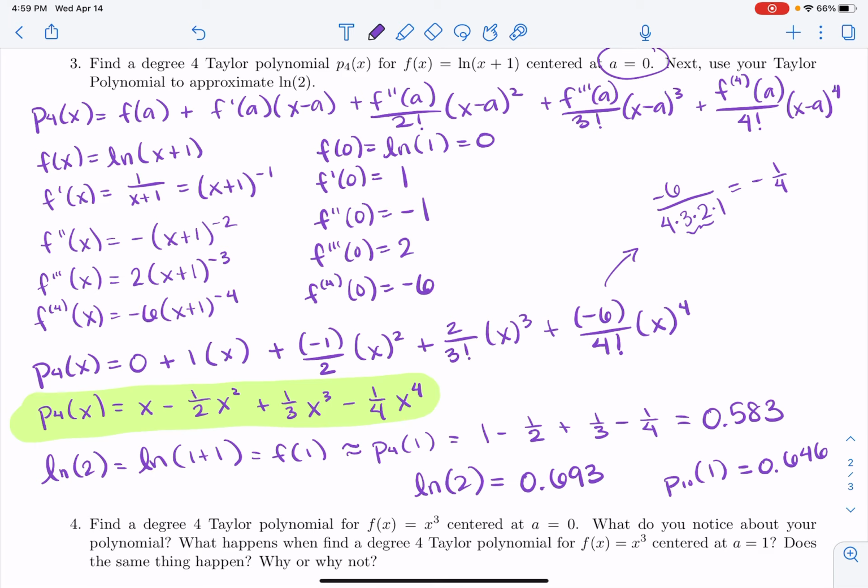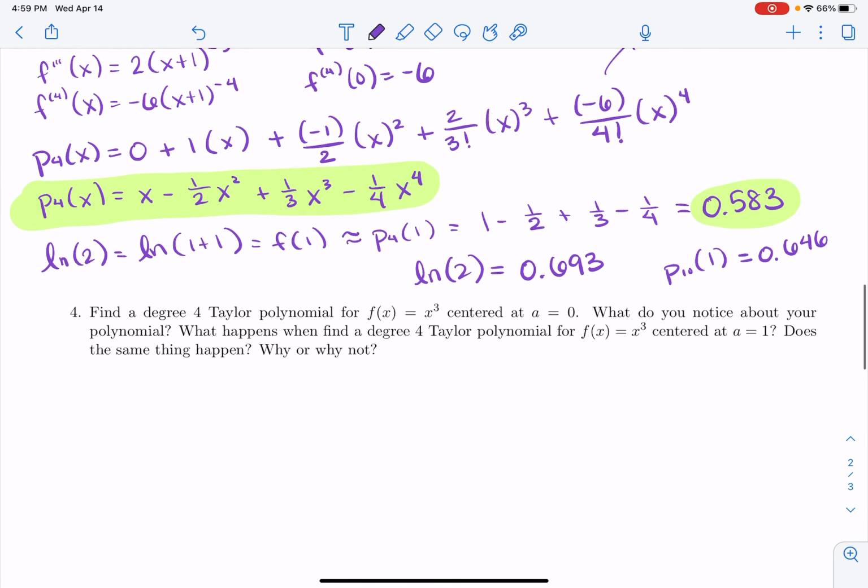So it's getting a lot closer, but clearly you need more terms to have a better approximation. This is what we got, 0.583. The actual value is 0.693. The more terms you add, the closer it would get.